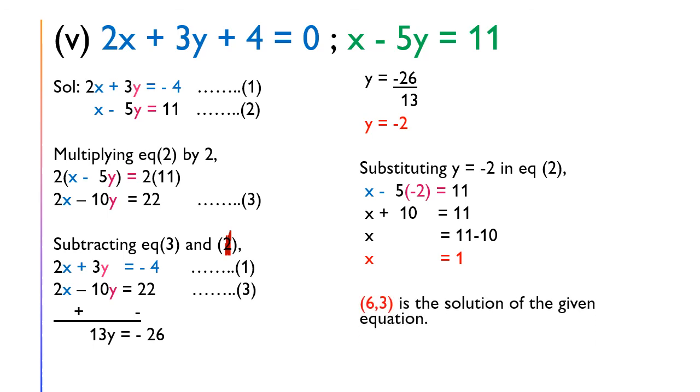So 1 comma minus, oh, I'm so sorry, we have to change this. 1 comma minus 2 is the value of the given equation.